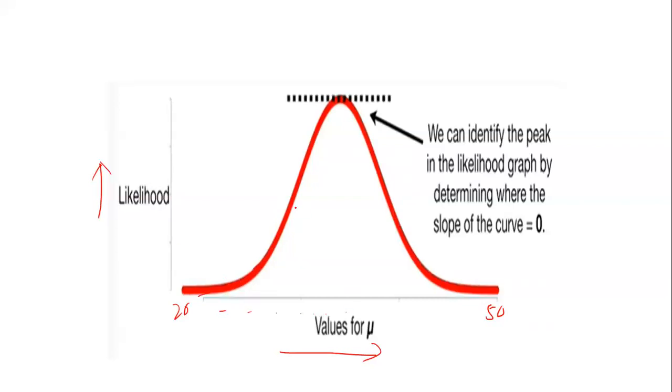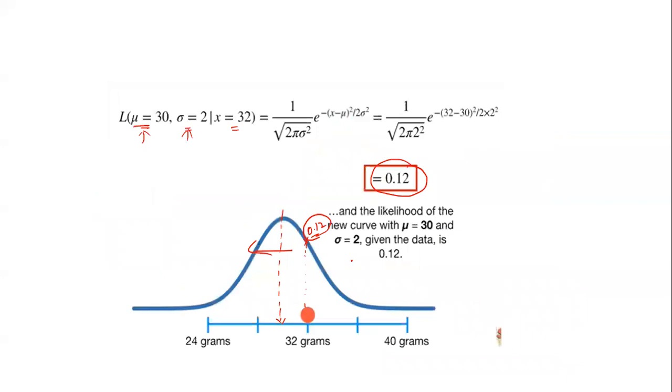When you plot it as a graph, you will get something like this, right? At one point you will get the peak. Wherever there is a peak, the slope will be 0, right? In this example, you will get the peak for mu equal to 32, because we have only one measurement. If the curve is fitted something like this, then at this point you will get the maximum value.